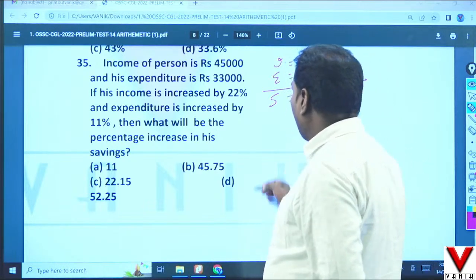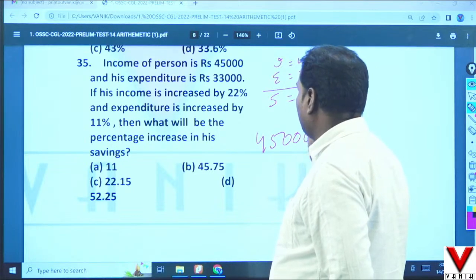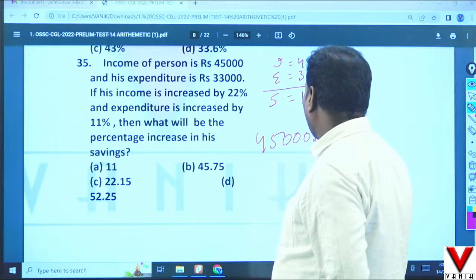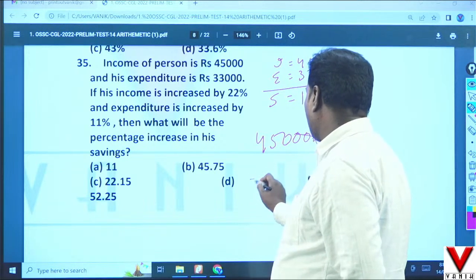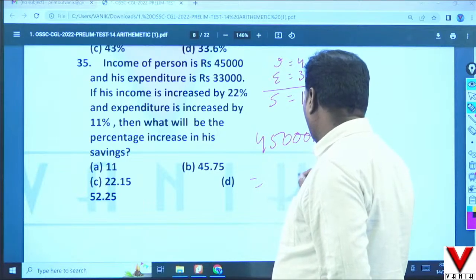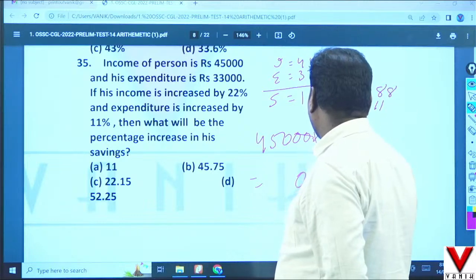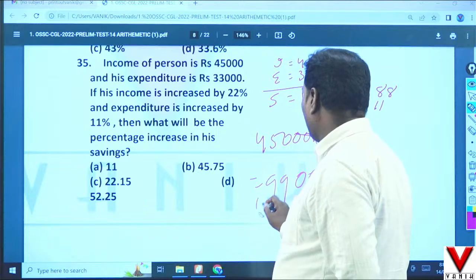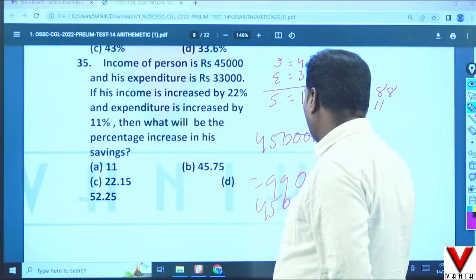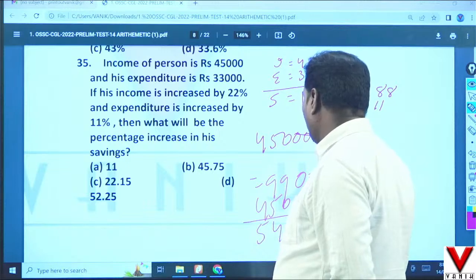Income of person A is 45,000, it increases 22%, so 22 by 100 of 45,000 is 9,900. 45,000 plus 9,900 is 54,900. It is the new income.